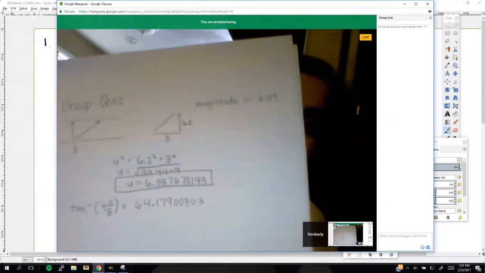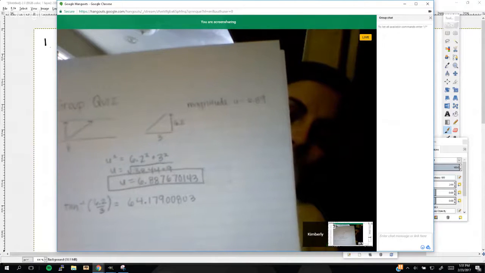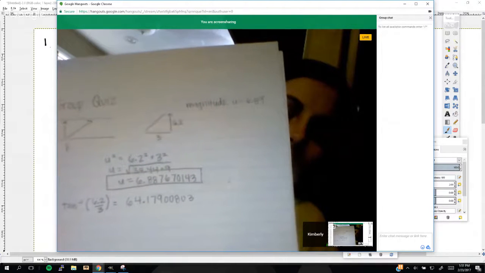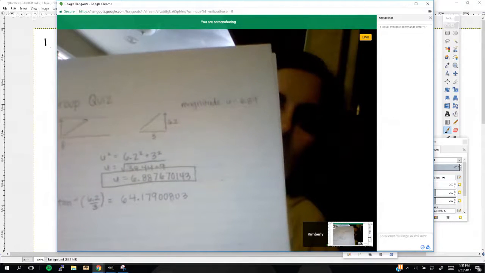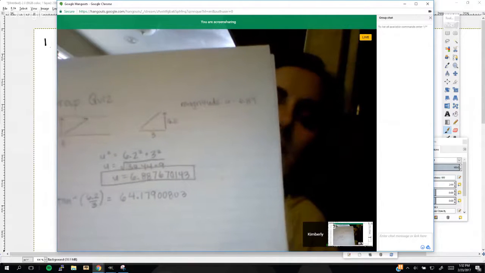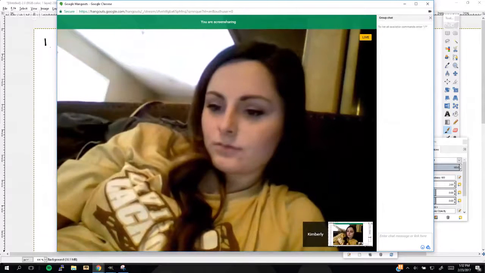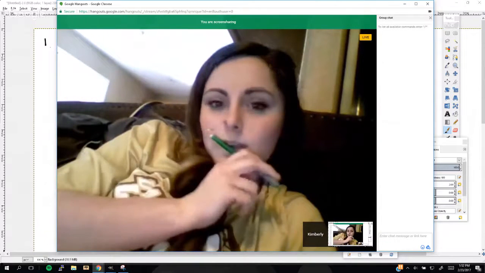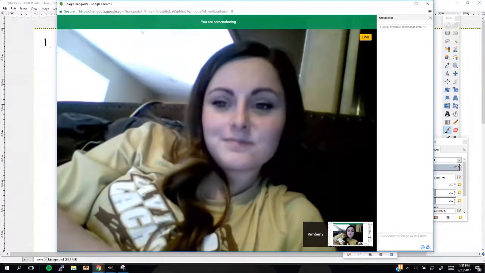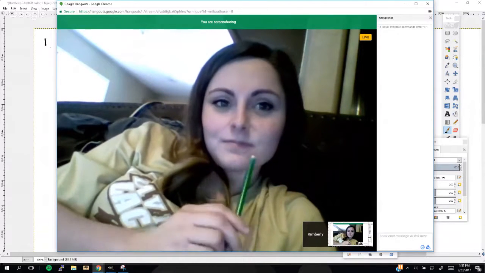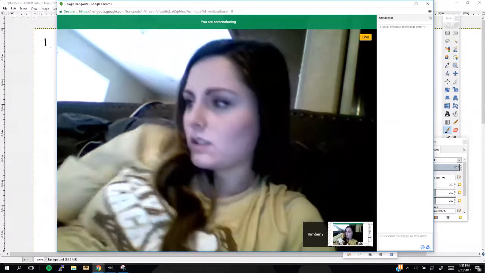Then just make sure to put northwest after the 64.179, because that's the direction as well. Oh, yeah, that makes sense. It's funny because you used tangent, and I used the sine angle over side. The tangent would have been easier. Yeah, I just did the inverse tangent of it.